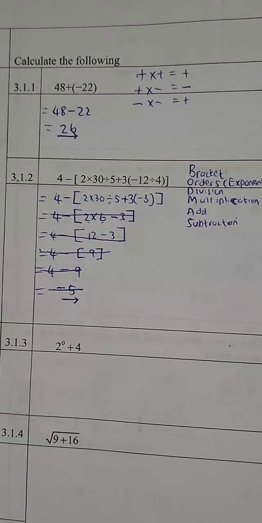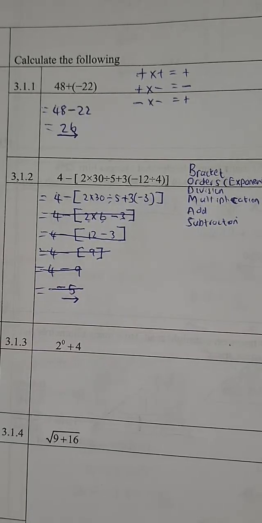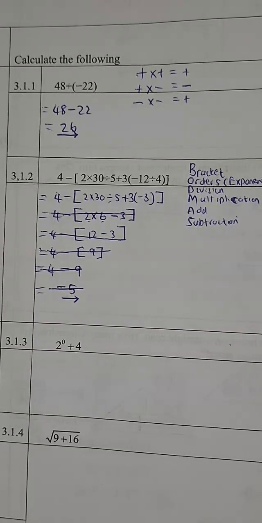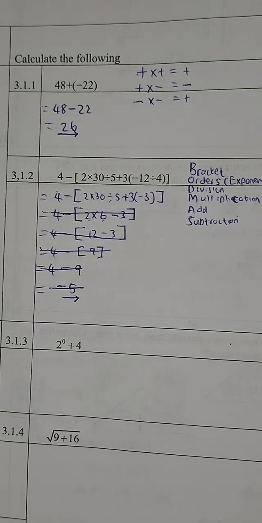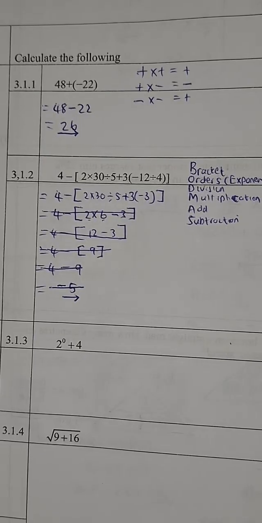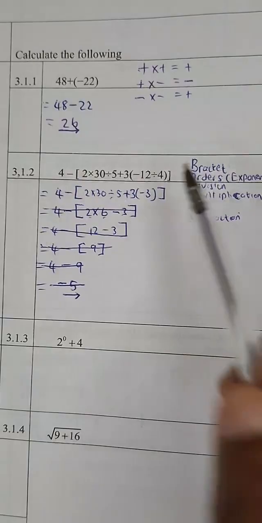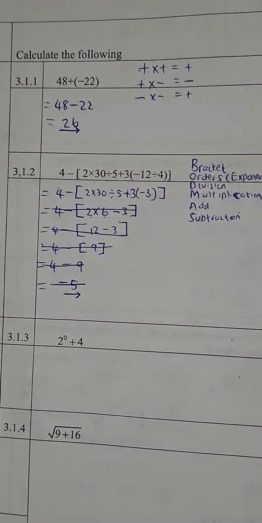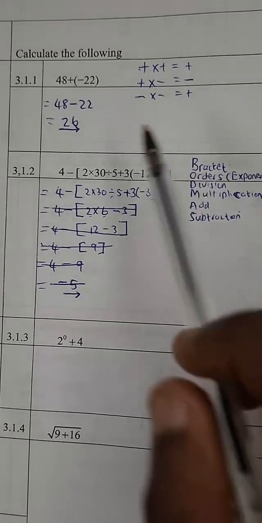Is that the end of the world? No. Does that mean we're human? Yes. But please learn from my mistake. As you write your own papers at school, make sure that when you are writing out a particular question, you ensure that every single little detail of what you are writing out is exactly what should be written out, okay?